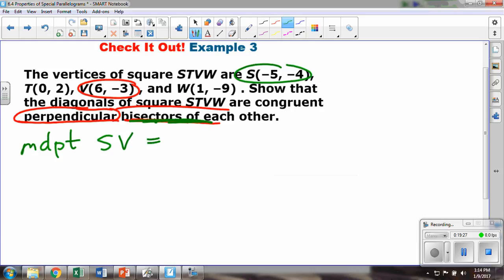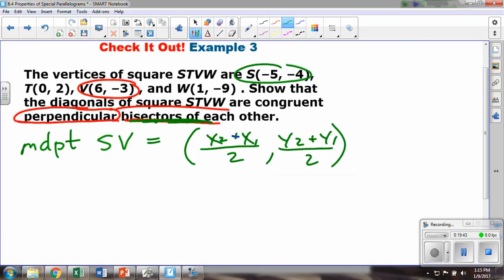And so you need to use the midpoint formula, which we know, there's our midpoint formula.